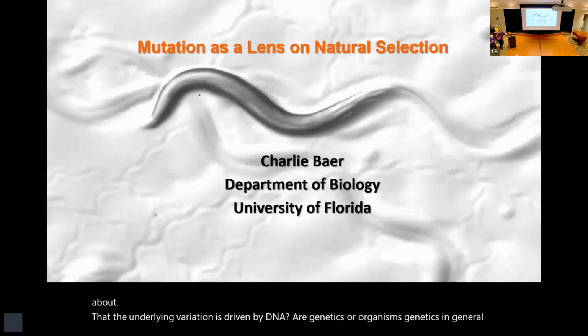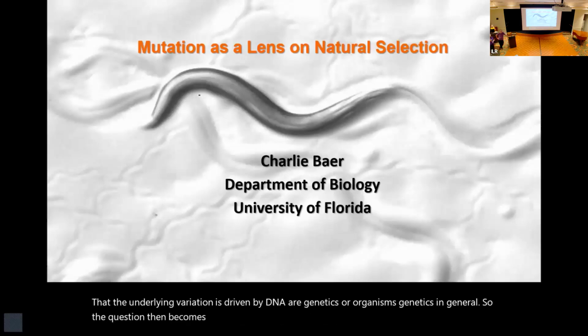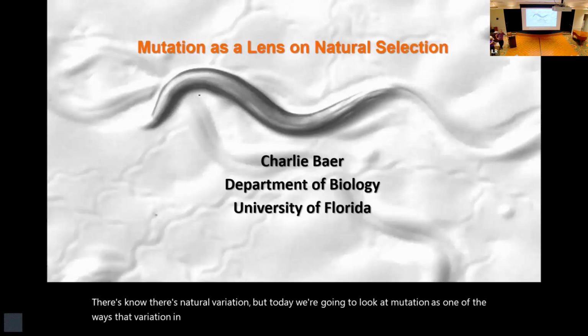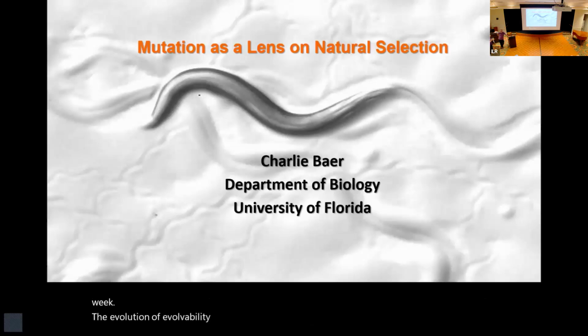So the question then becomes, how does variation in DNA arise? There's natural variation, but today we're going to look at mutation as one of the ways that variation in DNA and its expression arises. In fact, it's almost like I mentioned last week, the evolution of evolvability in a way.